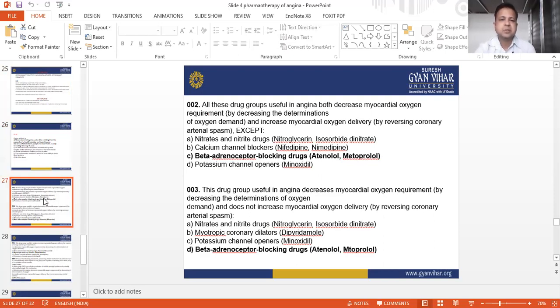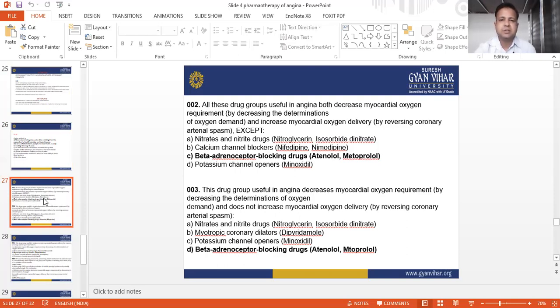Number two: all these drug groups, used in angina, decrease myocardial oxygen requirement by decreasing the determinants of oxygen demand and increase myocardial oxygen delivery by reversing coronary artery spasm, except, out of four options: first, nitrate and nitrite drugs, that is nitroglycerin, isosorbide dinitrate.